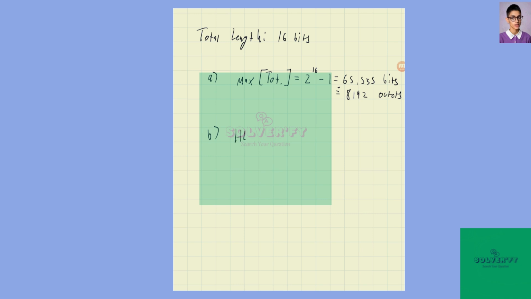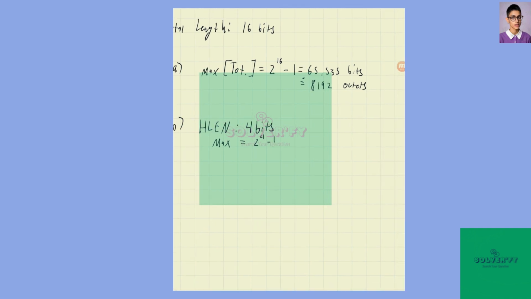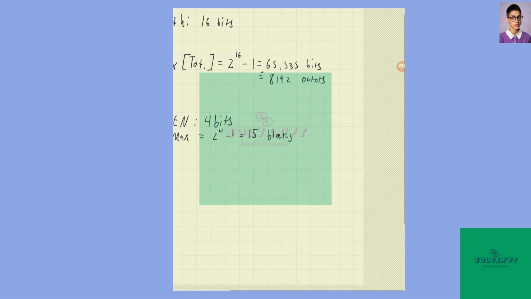So we know that hlen is 4 bits, so the max is going to equal 2 to the power of 4 minus 1, which equals 15 blocks, which are 32 bits.